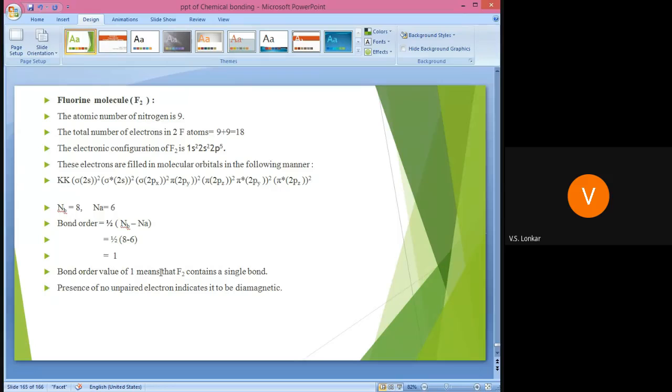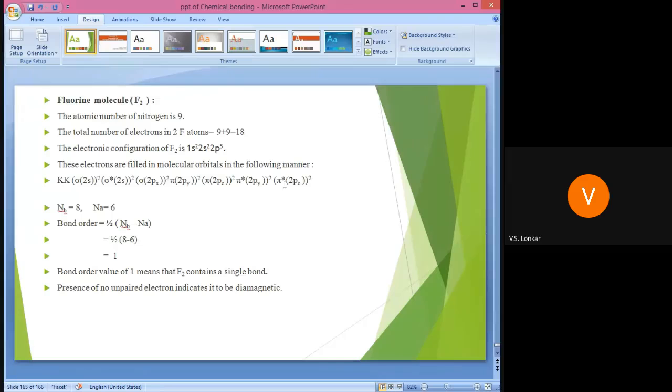Bond order is very important. A bond order of 1, 2, 3 represents the number of covalent bonds, that is single, double, triple respectively. Here fluorine gets a bond order of 1, which means it has a single covalent bond.